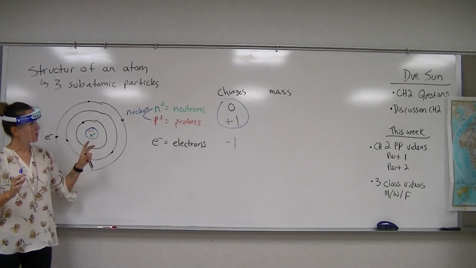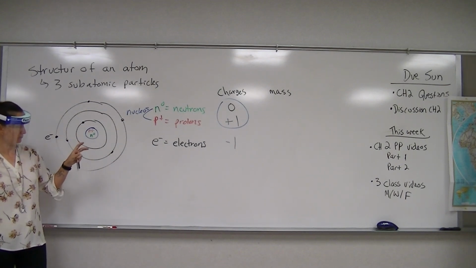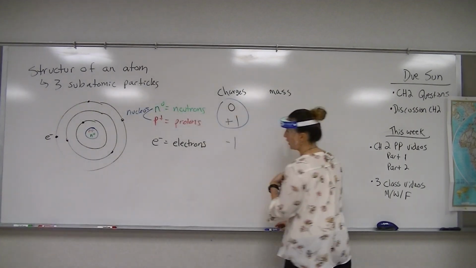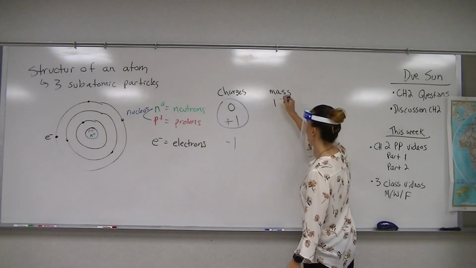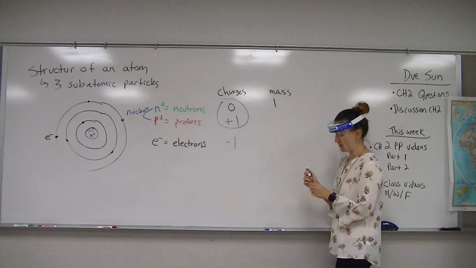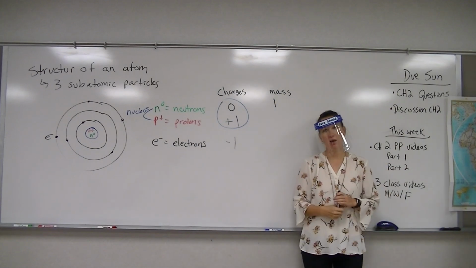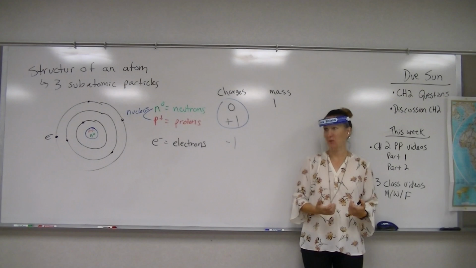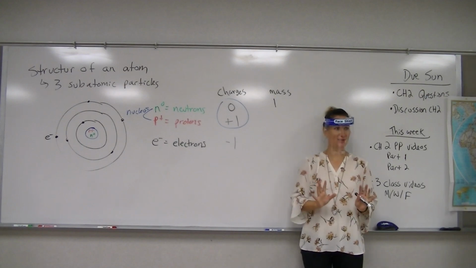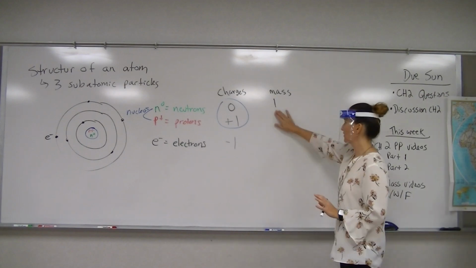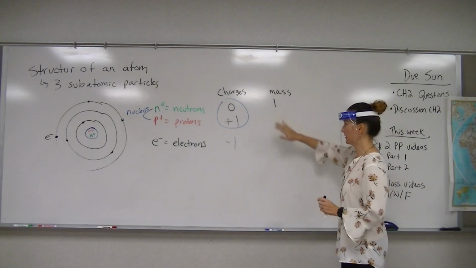Okay, well now let's look at masses. So for mass, for our purposes, we're going to say neutrons have a mass of 1. The units on that is AMU. It's atomic mass units. It's a made-up unit. So you don't need to put the units on it. We're just going to label it as 1.